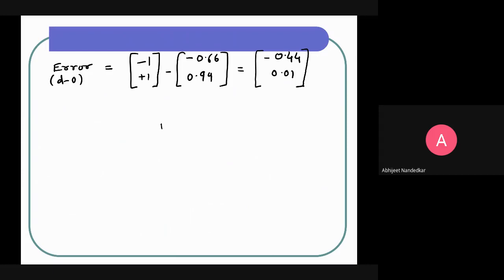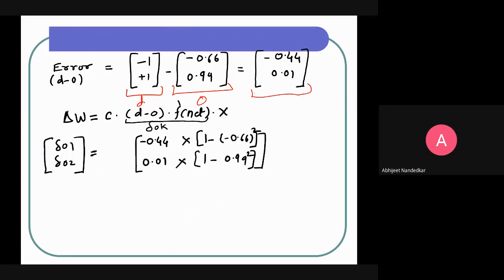So error is D minus O. So this is the desired vector and this is the output vector. So if I do D minus O, this will be D minus O. And then I want to change the weight for output layer. Remember, we start changing weights from output layer.